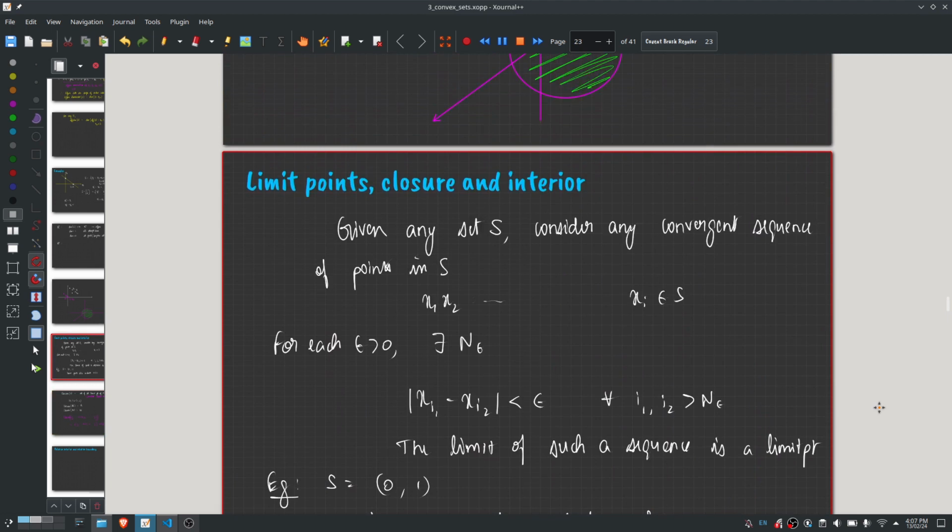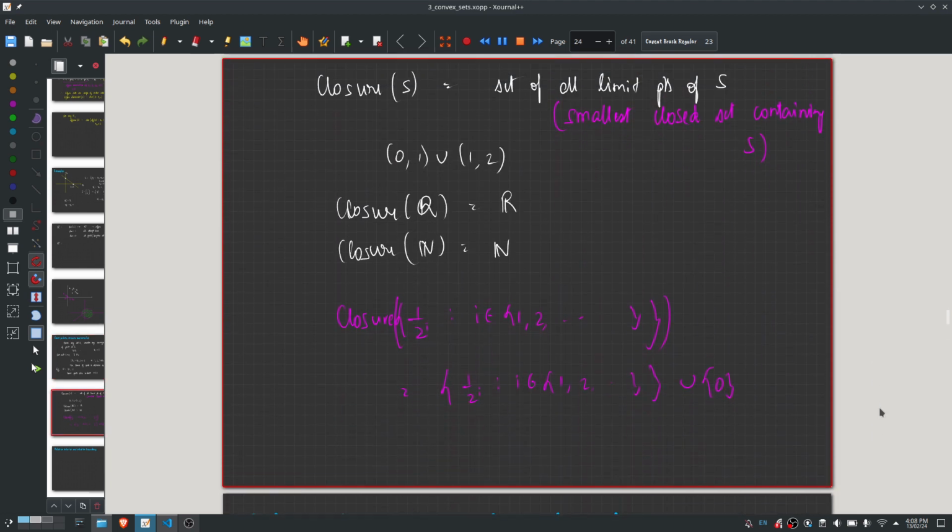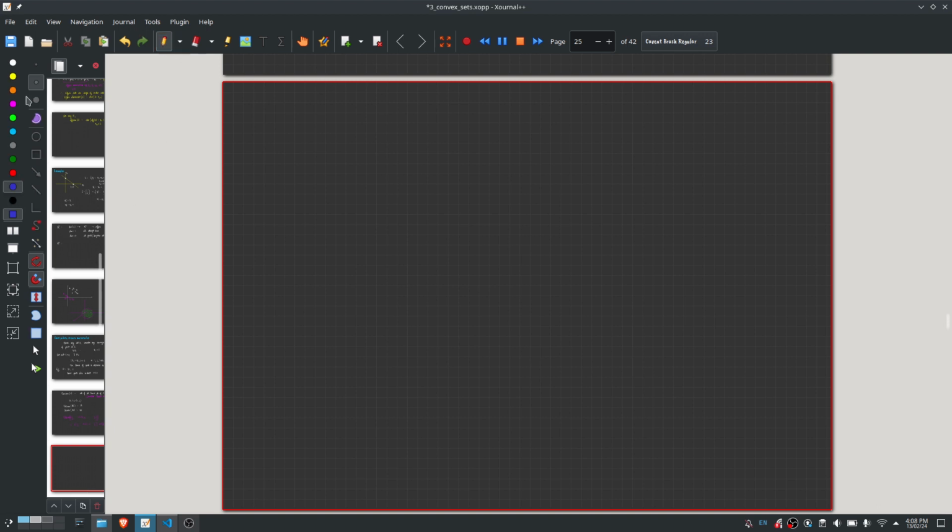So just as we define the closure, we can also define the interior of a given set, and that is simply the largest open set which is contained within the set S. So given an arbitrary subset S, we say that the interior of S is the largest open set that is contained in S. Right.